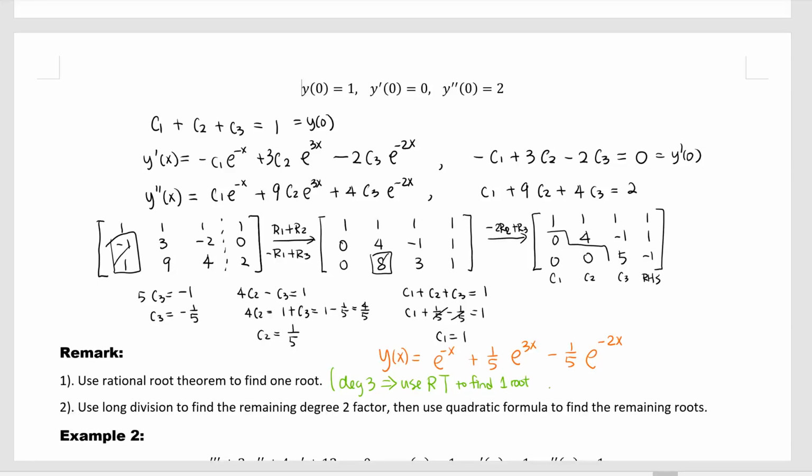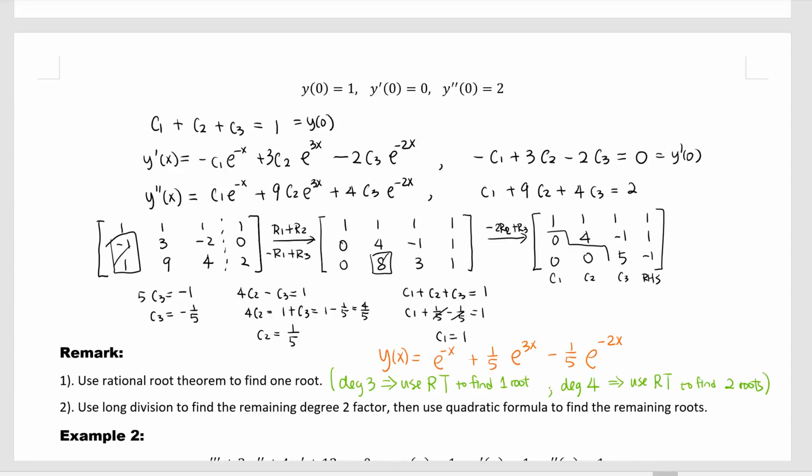But if we start with degree 4, we actually need to use the rational root theorem to find 2 roots, because finding one root is not enough. After you divide by that factor, you still have degree 3, and we still need to use the rational root theorem again.